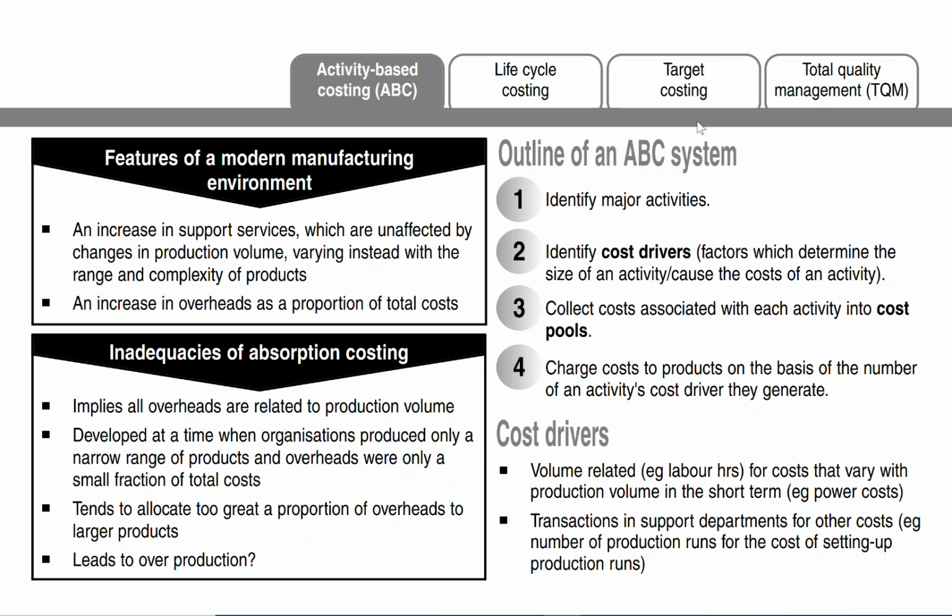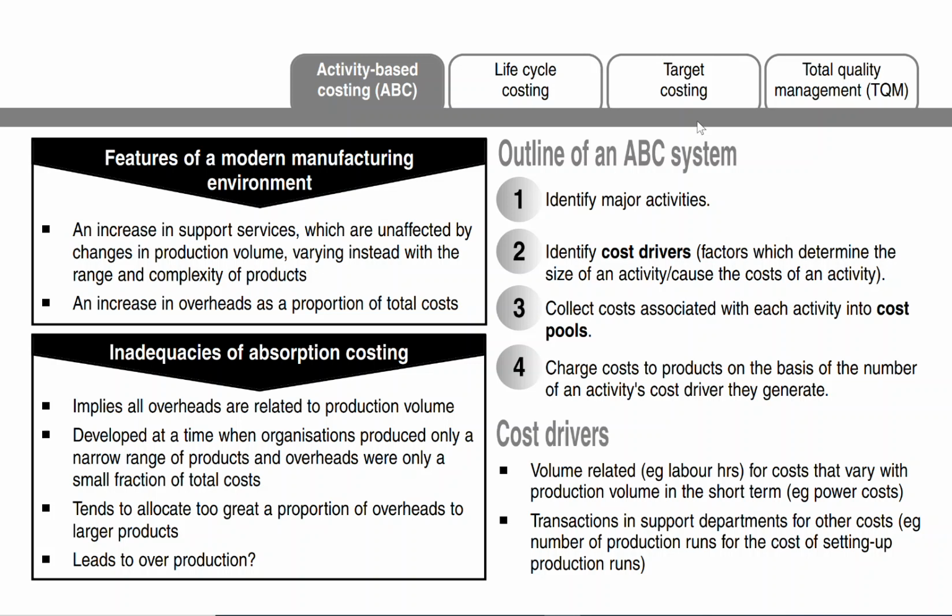The problem with absorption costing is that in absorption costing, mostly we used unit basis or labor hour basis or machine hour basis to divide overheads. Conventionally, overheads were an insignificant proportion of the cost of the product. So even if we absorbed overheads and it was not very accurate, we didn't care because the amount itself was not significant.